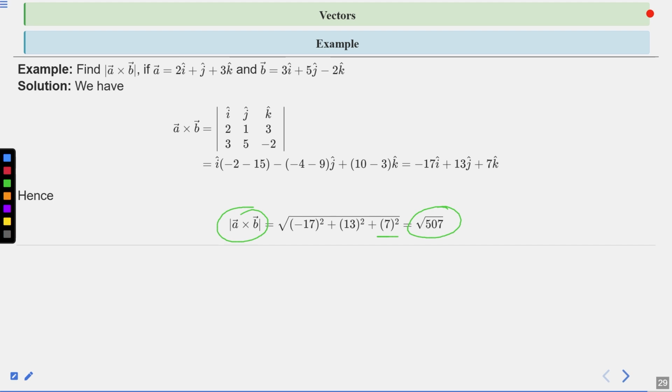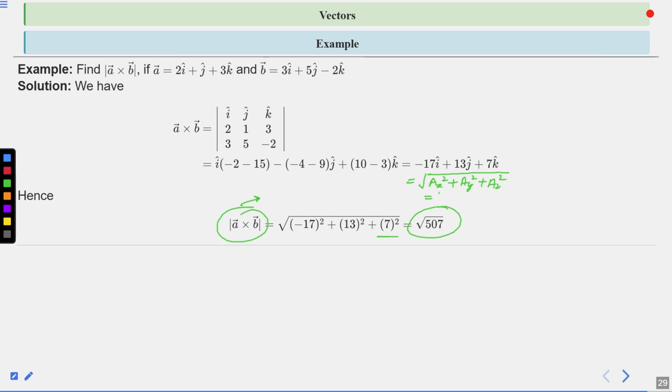Because we know the formula for the magnitude, in general form, is under root ax square plus ay square plus az square.